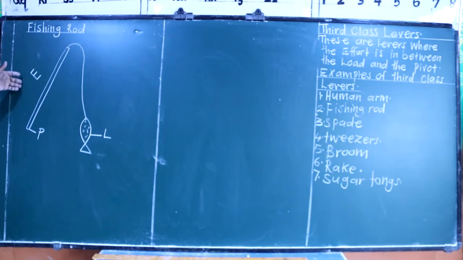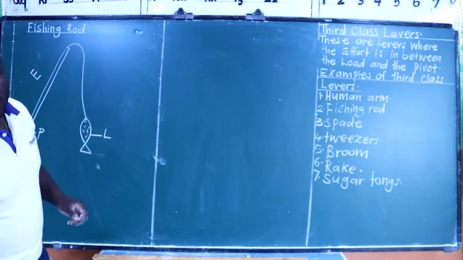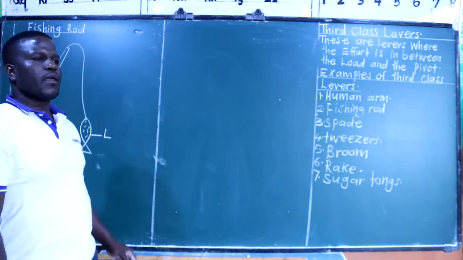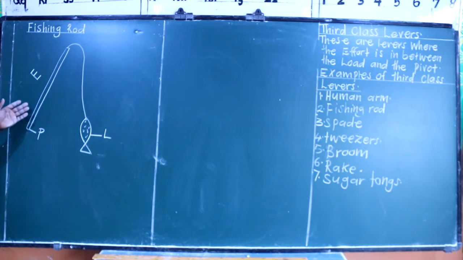So a fishing rod is under third class levers because the effort is in between the load and the pivot. Where you hold when you are holding the rod, that part is called the pivot or fulcrum. And the fish becomes the load. So a fishing rod is under third class levers.